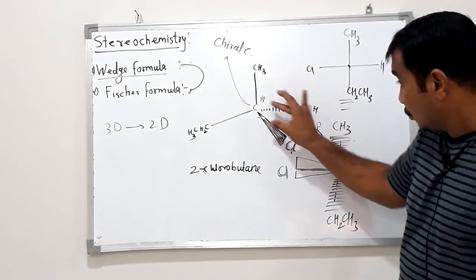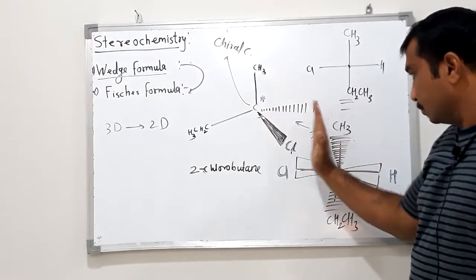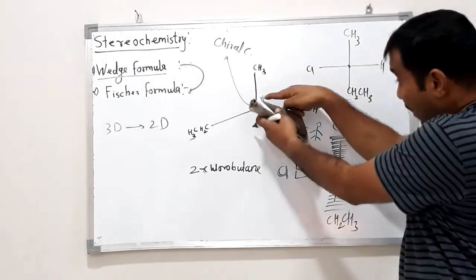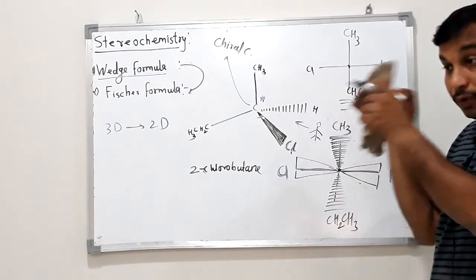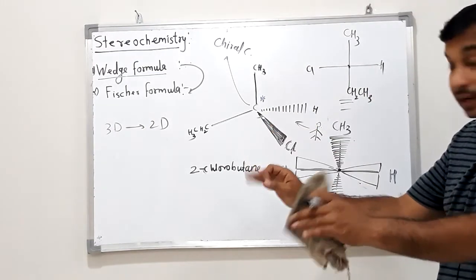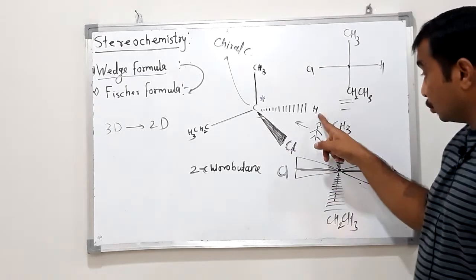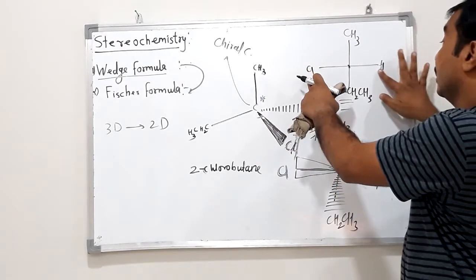From this side we observe the molecule. Then you will find these two substituents are moving toward the observer, close to the observer, above the plane. Those substituents, hydrogen and chlorine, we put on the horizontal line.